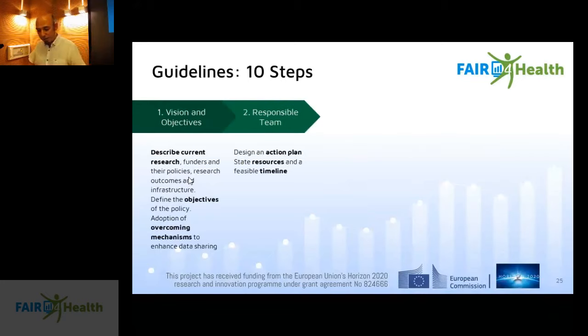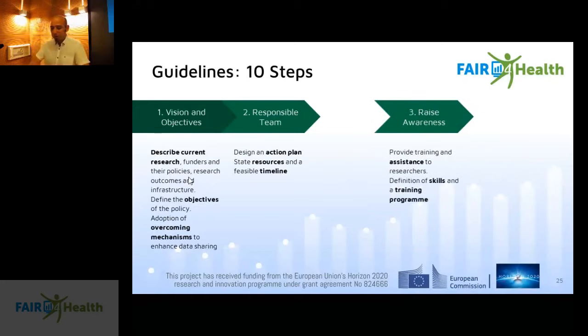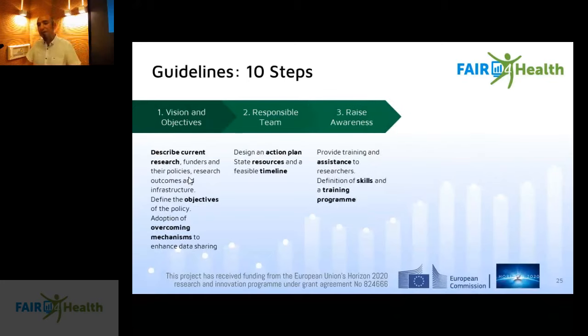The second step is to assign or name a responsible team. The third one would be to raise awareness in your community, to spread the word and tell everybody that you are implementing a FAIR data policy. So you could also engage the researchers in your institution to contribute to this policy.